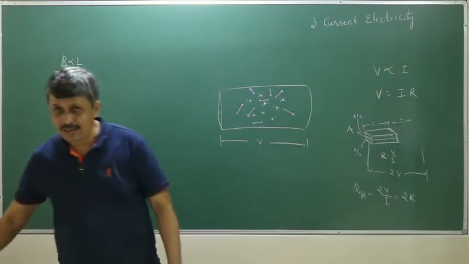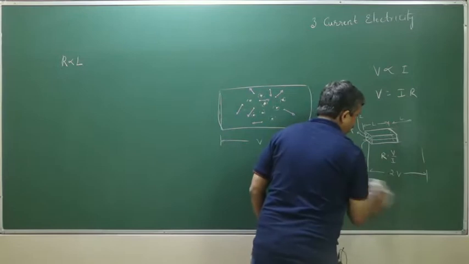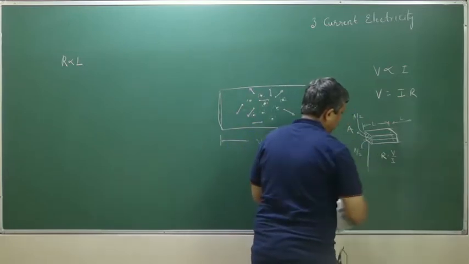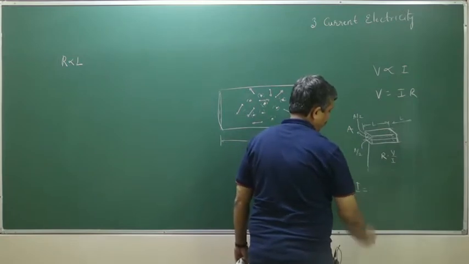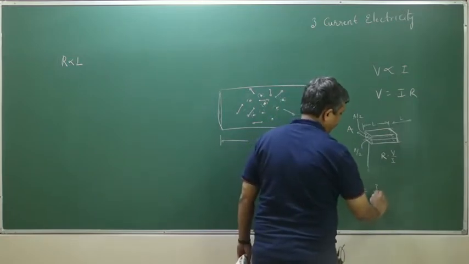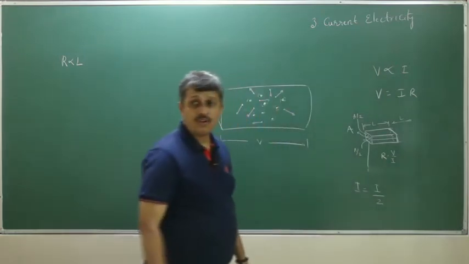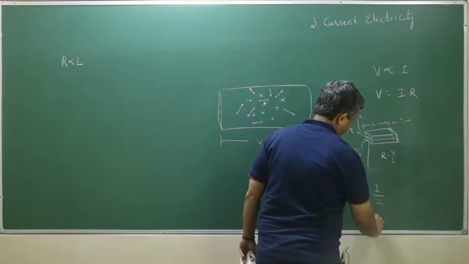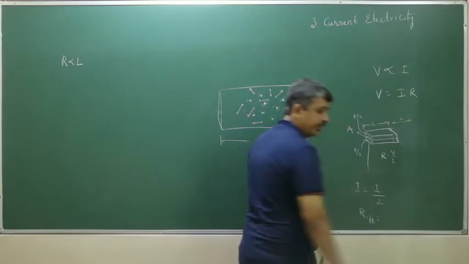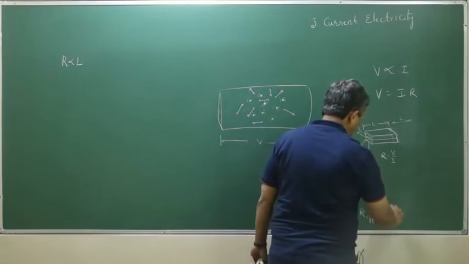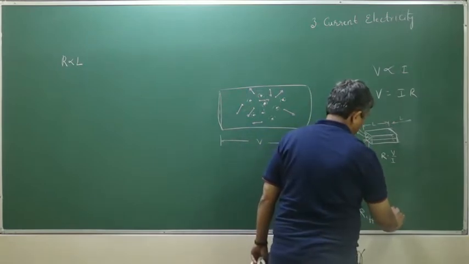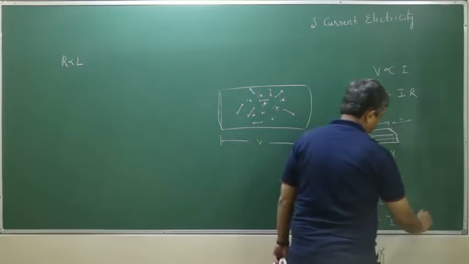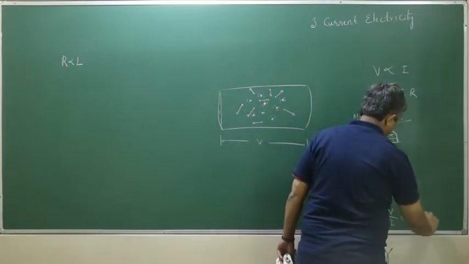So in this case the current I dash is equal to I by 2, and you want to find out R now. R effective will be V by I dash, which is V by I by 2.